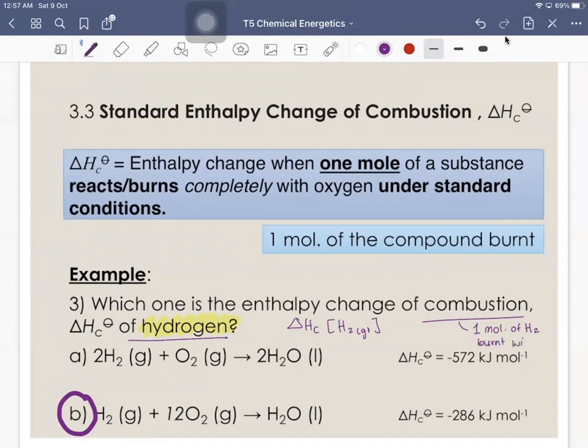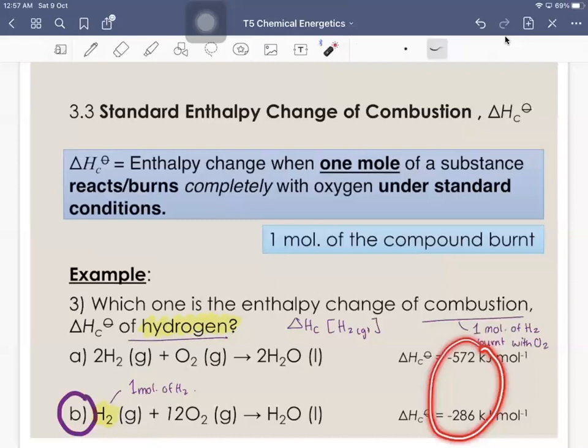with oxygen. Okay, here you've got 2 moles of hydrogen, here you've got 1 mole. So this is the correct one, 1 mole of hydrogen. Notice that the numbers are doubled.